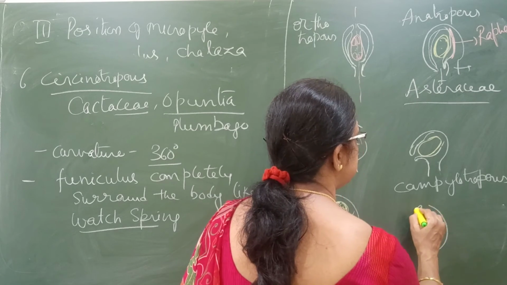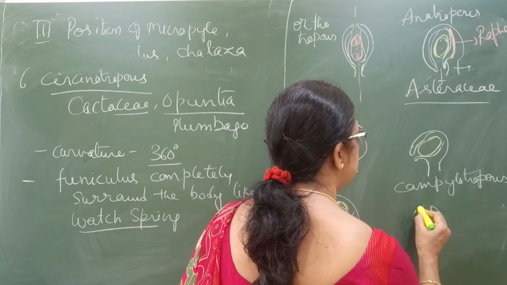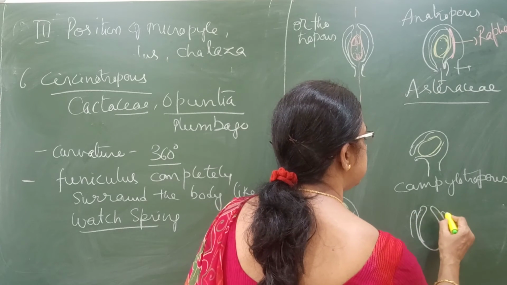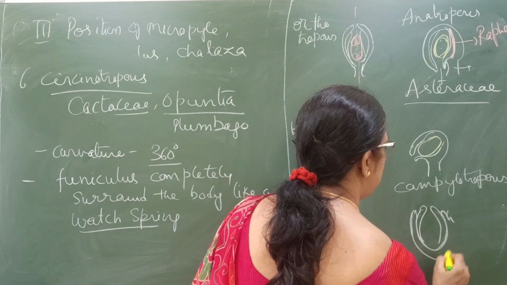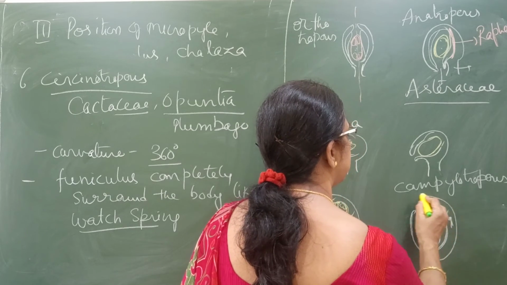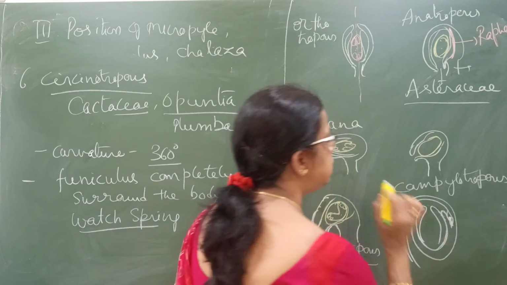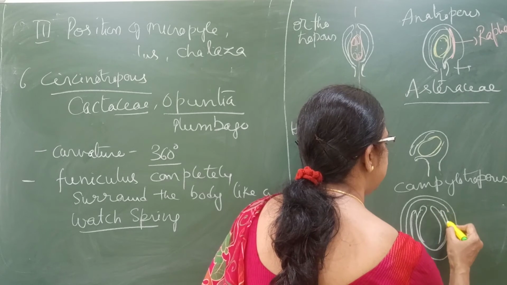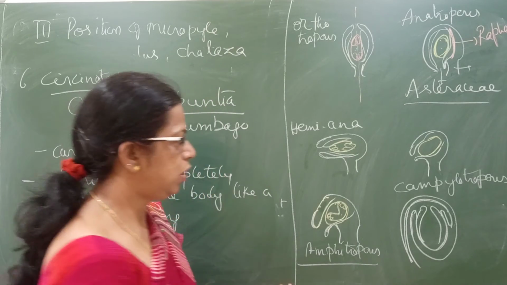So when you find this ovule, this is how it is completely present. In the diagram, I will show you how it surrounds. In this type, the funicle will be present in this manner, completely surrounding this.